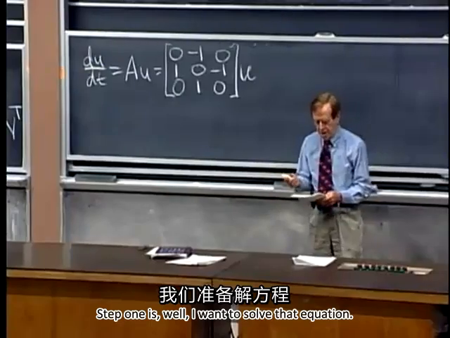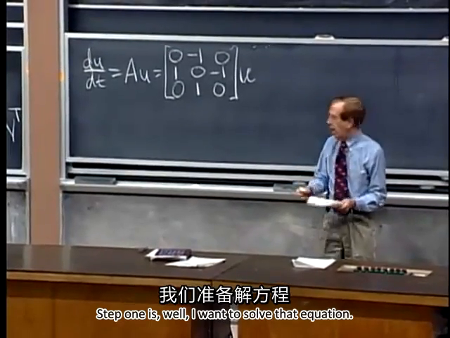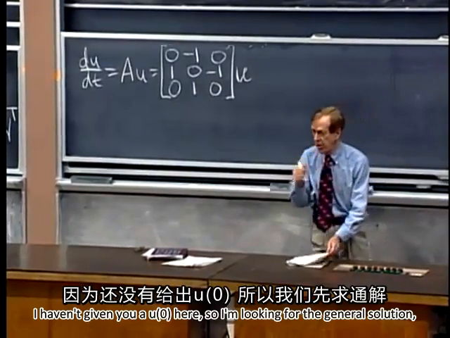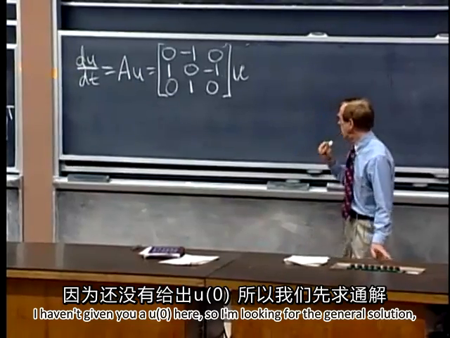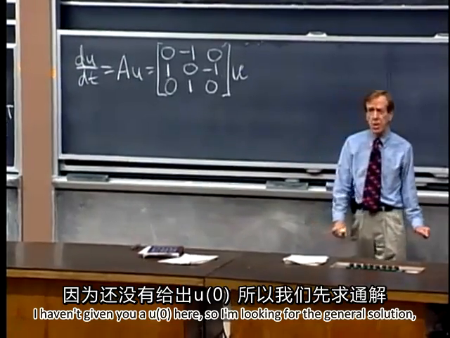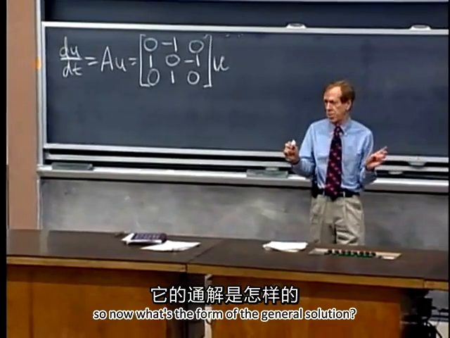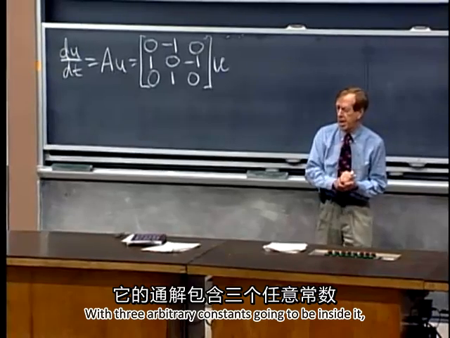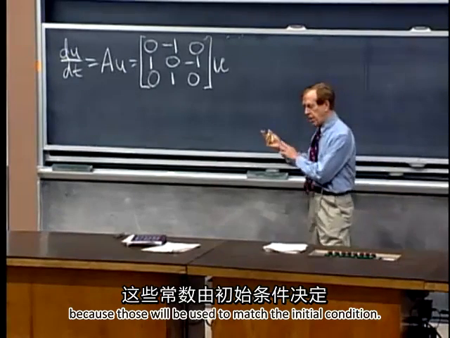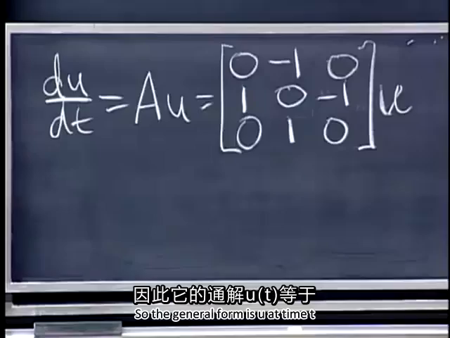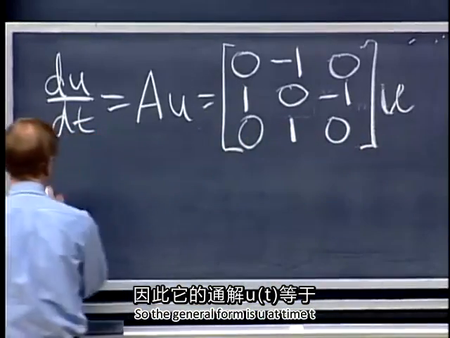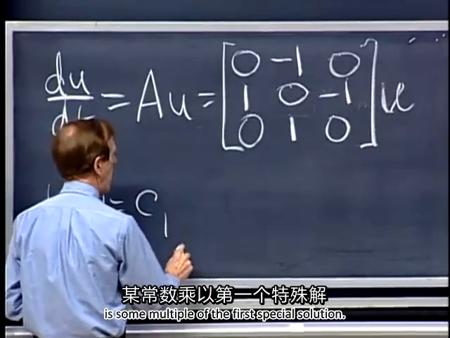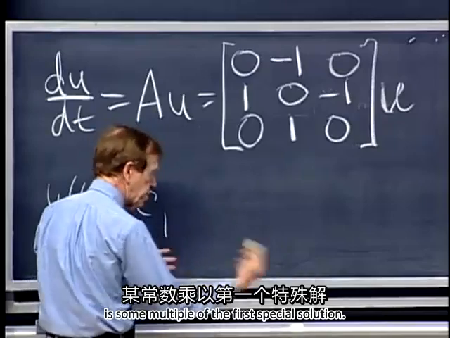Okay, step one, I want to solve that equation. I want to find the general solution. I haven't given you a u of 0 here, so I'm looking for the general solution. So now what's the form of the general solution? With 3 arbitrary constants inside it, because those will be used to match the initial condition. So the general form is u at time t is some multiple of the first special solution.